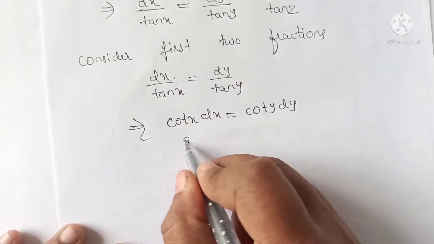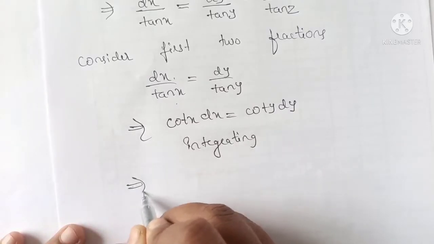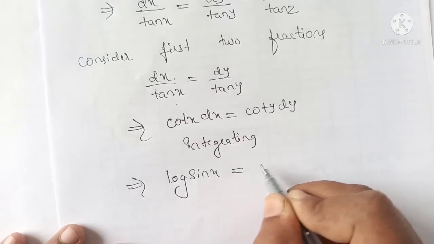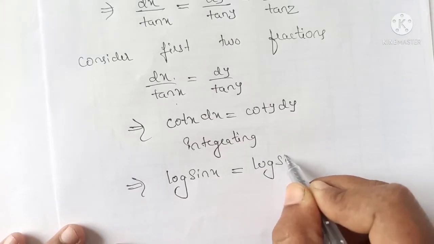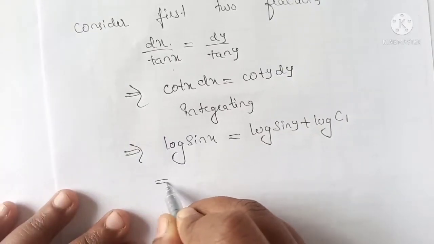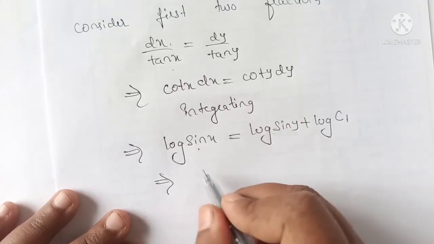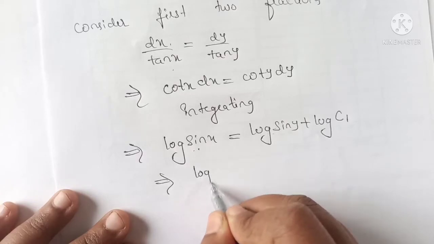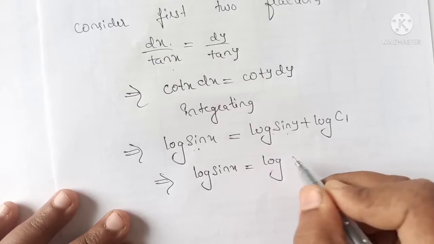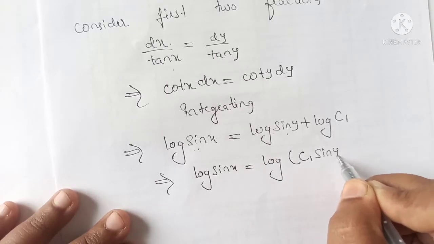Now integrating, we get log of sin x equals log of sin y plus log of c1. Further, using the log m plus log n formula, we get log of c1 into sin y.